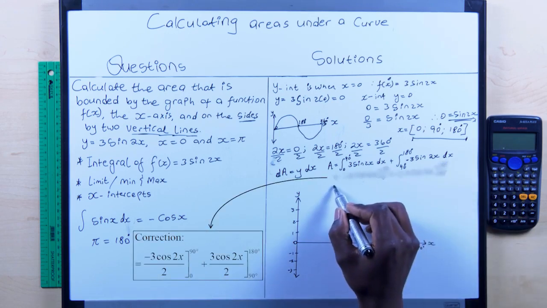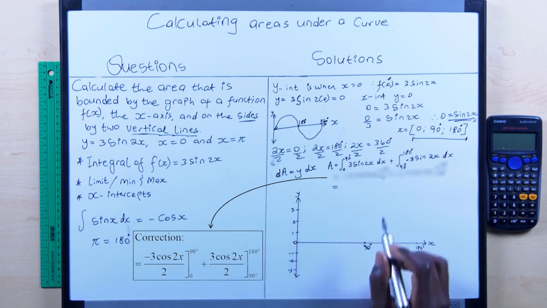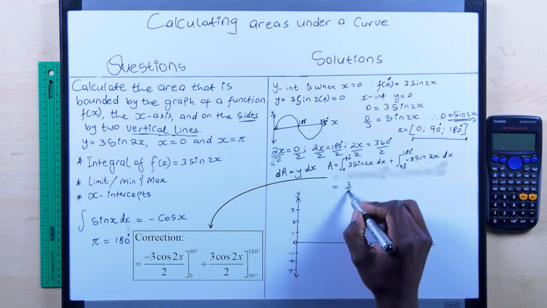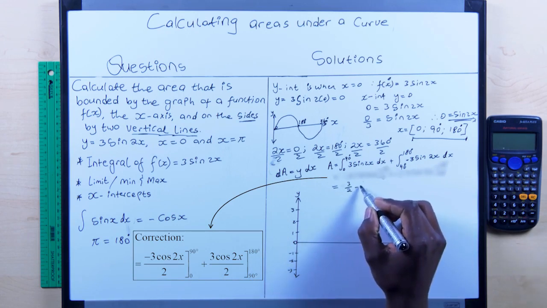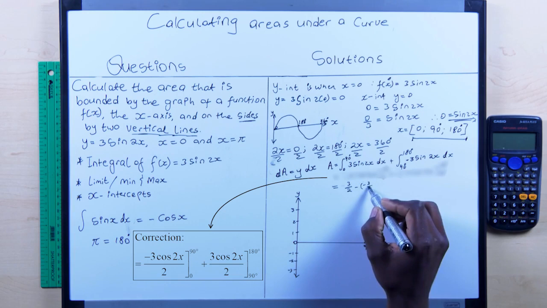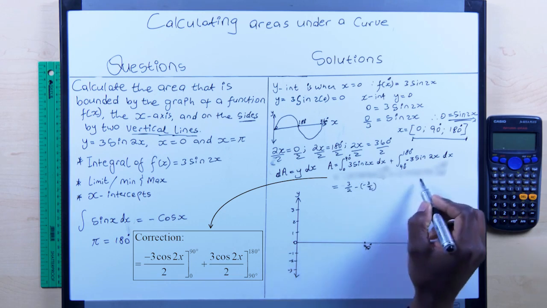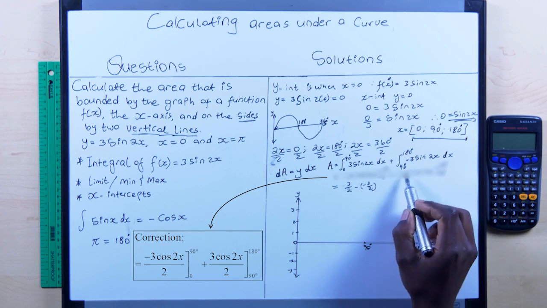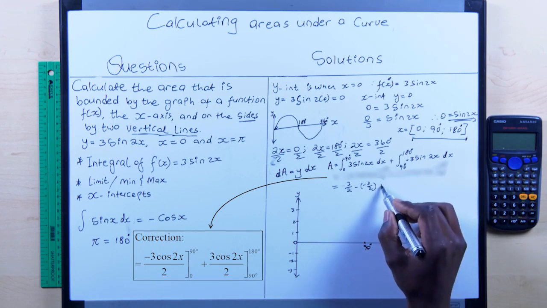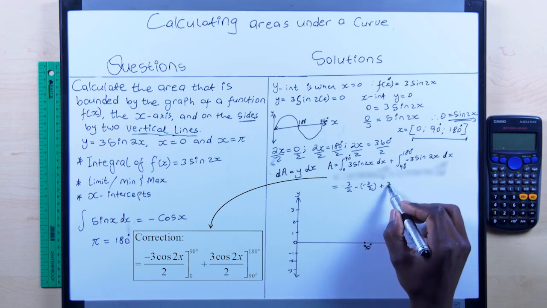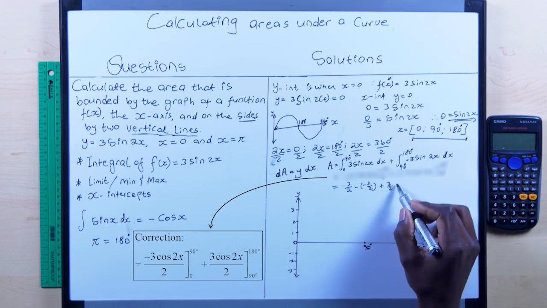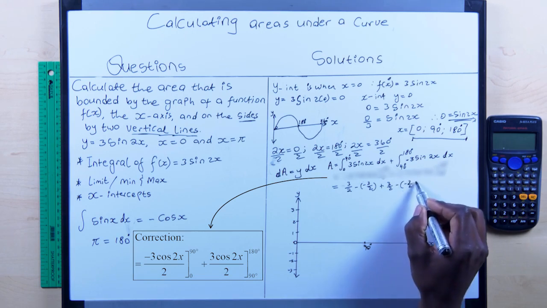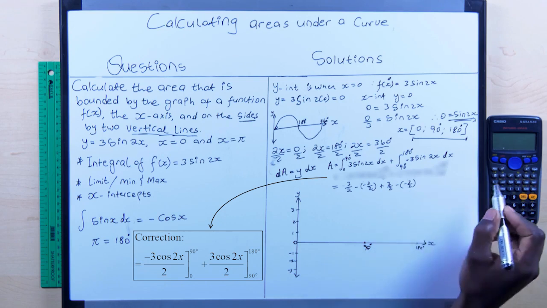Then your final solution. Once you've substituted, you will have 3 over 2 minus 3 over 2. Positive times negative is negative. Negative times negative is positive, which makes it positive 3 over 2 minus 3 over 2, close bracket.